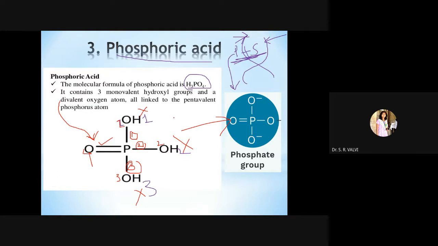When this hydrogen atom is removed from phosphoric acid, the phosphate group is formed. You can see this hydrogen atom is removed and hence the negative charge comes on this oxygen.